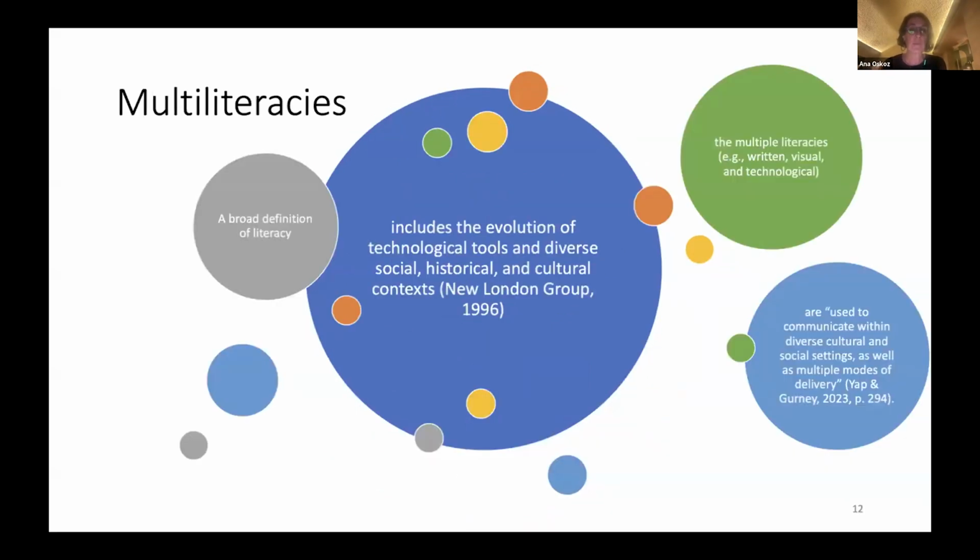However, rather than thinking about literacy, it's better to talk about multiliteracies, which is a term that comes from 1996 from the New London Group, which includes the evolution of technological tools, and we know that technological tools are changing all the time, and the diverse social, historical, and cultural contexts, and the multiple literacies, and here we talk about writing literacy, visual literacy, technological literacy, etc., that are used to communicate within diverse cultural and social settings, as well as multiple modes of delivery.